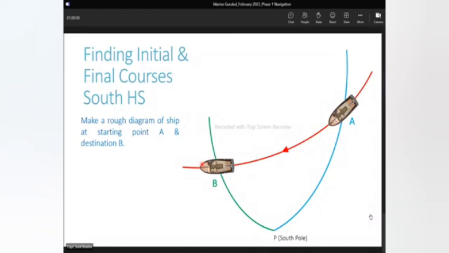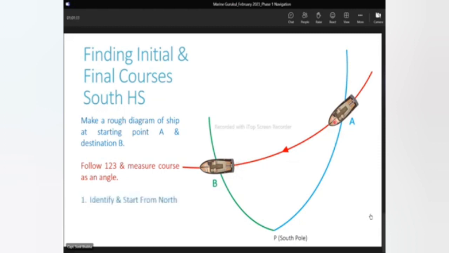Now we will first calculate angle A and angle B, that is these angles of the triangle PAB, using the cosine formula, and once these angles are known, we can use them to find out our initial and final courses. So let's now apply our 1, 2, 3 method and see how we can identify the course at each location.